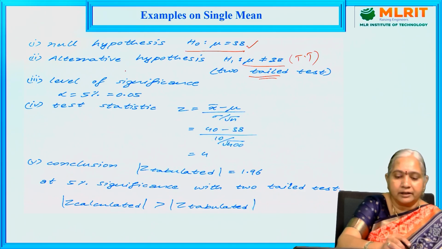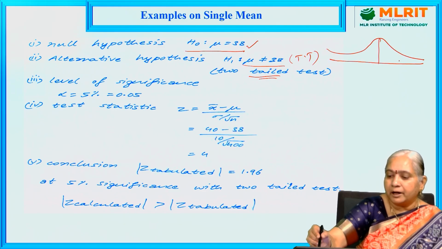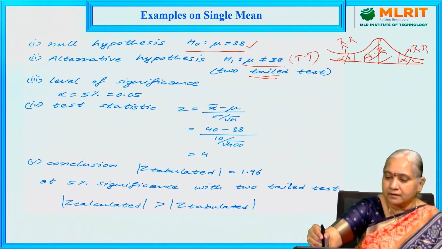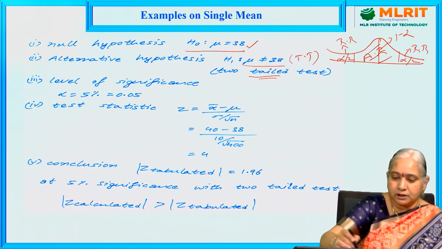Here we have defined the alternative hypothesis mu not equal to 38, a two-tailed test. So alpha by 2, the total error divided into two equal parts. This is the rejection region. This is the acceptance region, 1 minus alpha. So the level of significance is 5%, two-tailed.